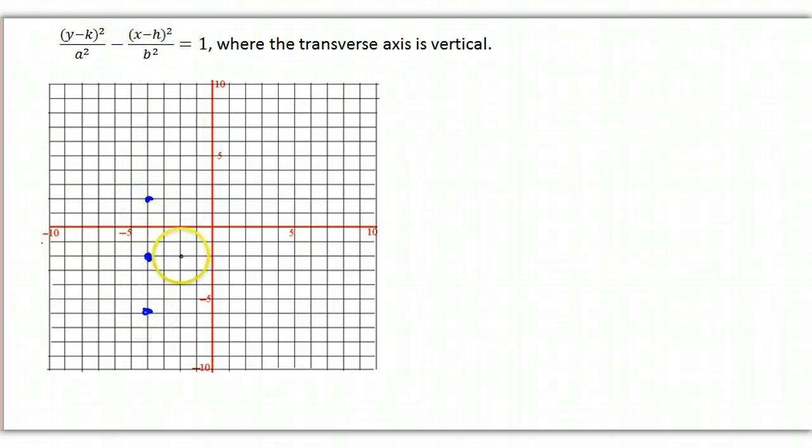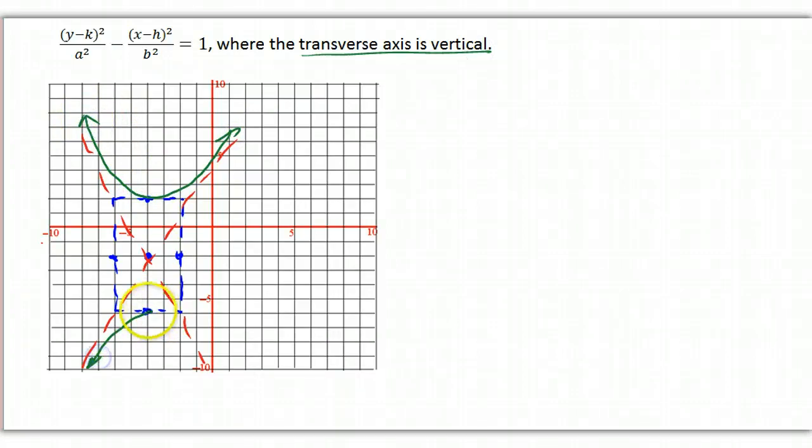I'm going to go to the left b and to the right b. I'll quickly draw in my asymptotes. And this time I'll draw the hyperbola in green. And since the transverse axis is vertical, it's going to go like that.